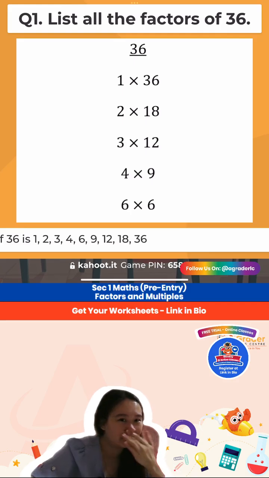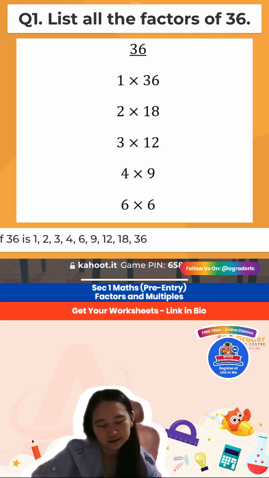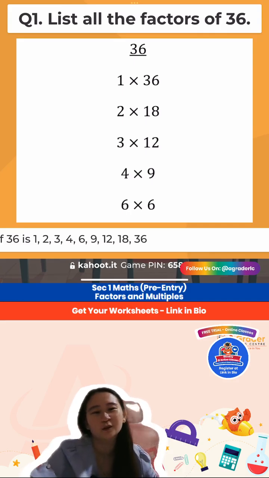Okay, so list all the factors of 36. Here are all the factors, same as what we have listed just now in question 1A.